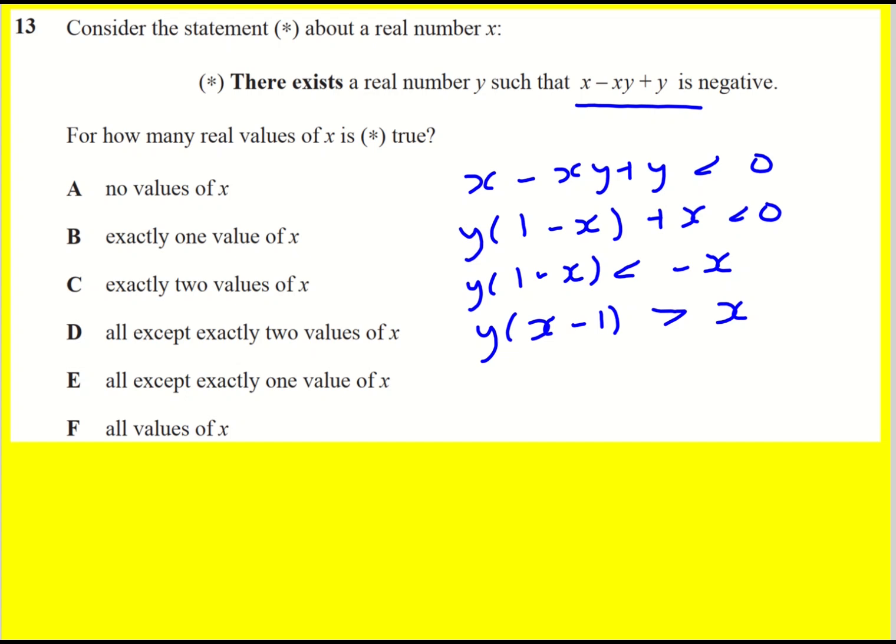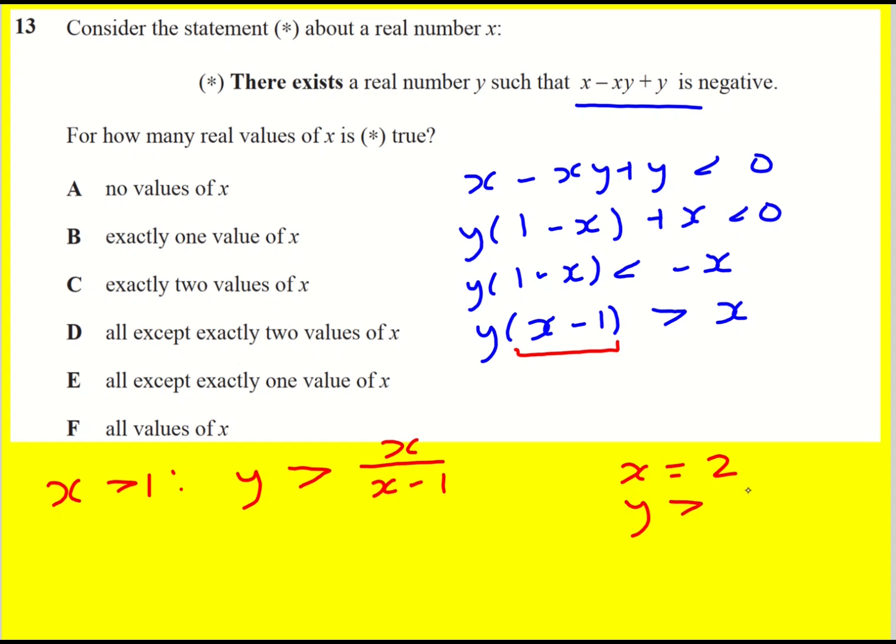This is an inequality, so I'm going to consider three different cases. Let's look at if x is greater than 1, because what I'm going to be doing is dividing through by this. So if x is greater than 1, I just require that y is greater than x over x minus 1. So, for example, if x was equal to 2, I just need y to be greater than 2 over 1, which is 2.